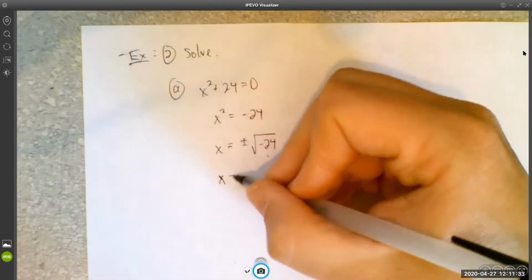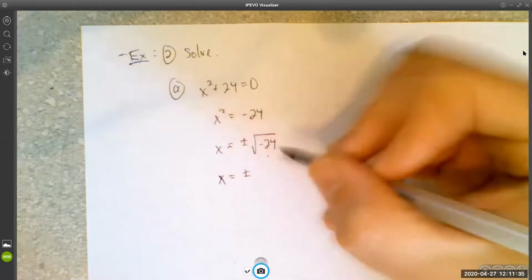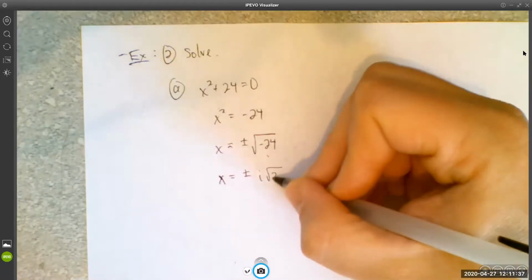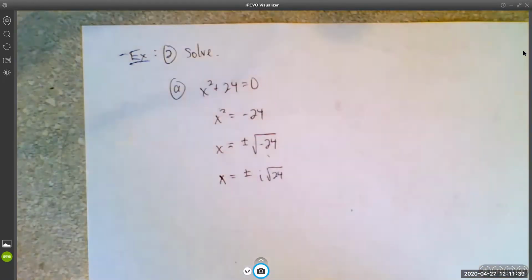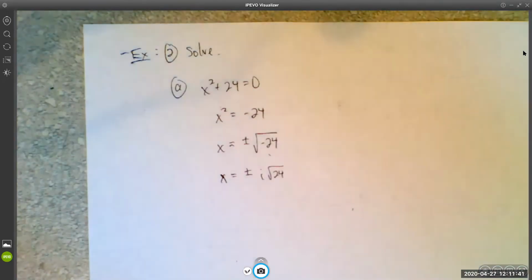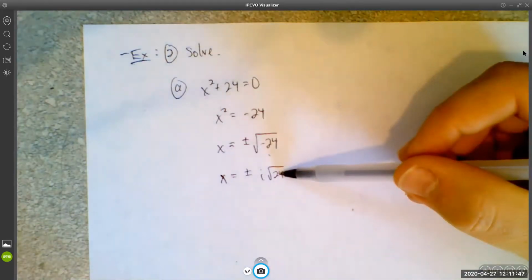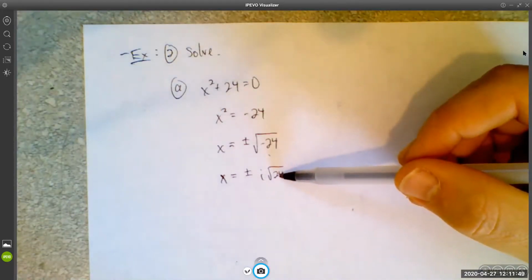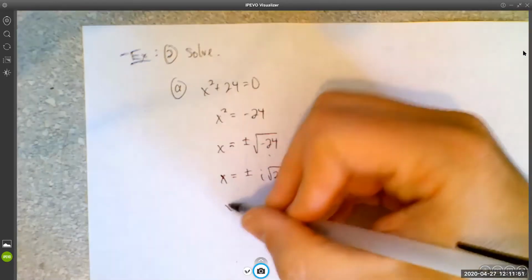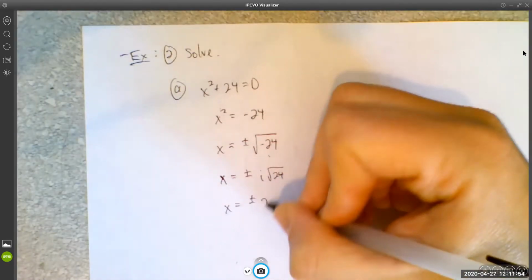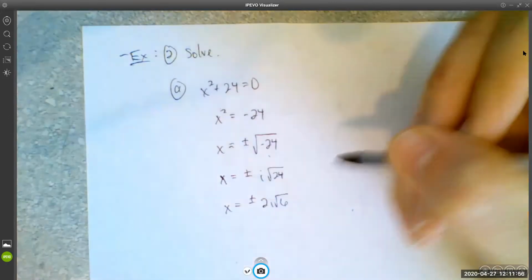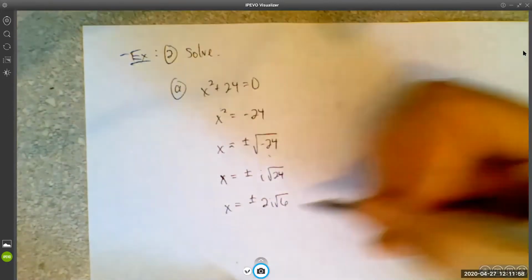So we're going to say x is plus or minus i times the square root of 24. And as a matter of fact, we can simplify square root of 24 a little bit, right? 4 goes into 24, and 4 is a perfect square. So 24 is 4 times 6, and square root of 4 is 2. So I'm going to call this thing plus or minus 2i times the square root of 6. And that would be my final answer.